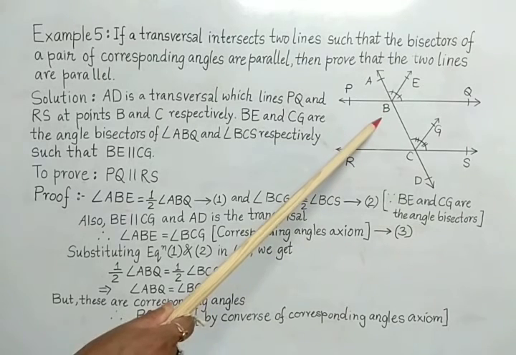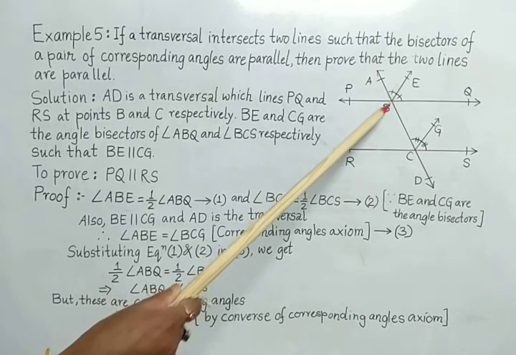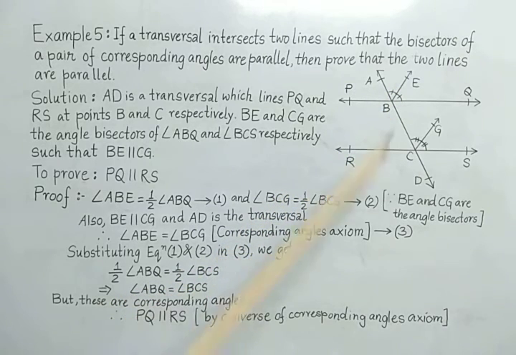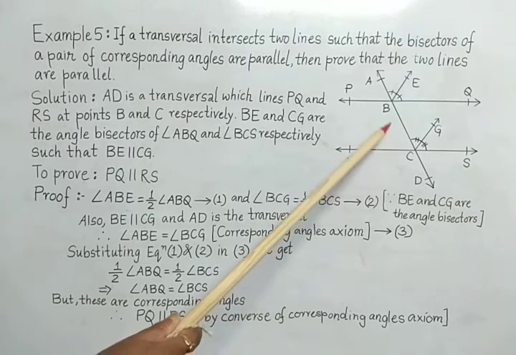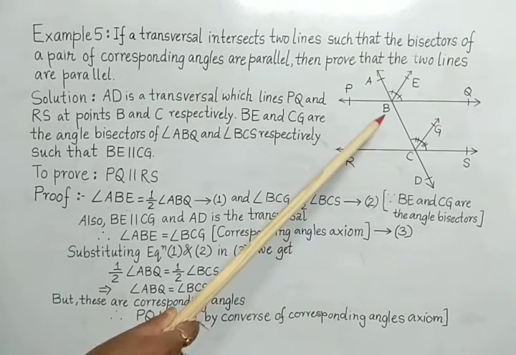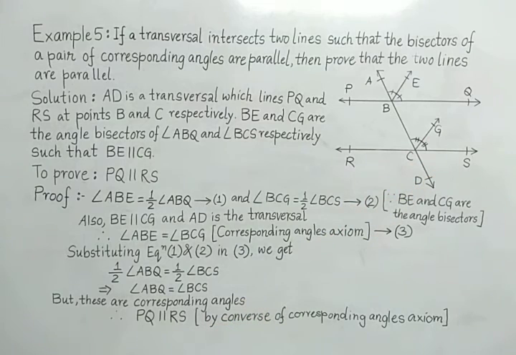So this BE has divided this angle ABQ into two equal halves, that is angle ABE equal to angle EBQ. Similarly here CG is an angle bisector which has divided this angle BCS into two equal halves, that is angle BCG and angle GCS. So both are equal.